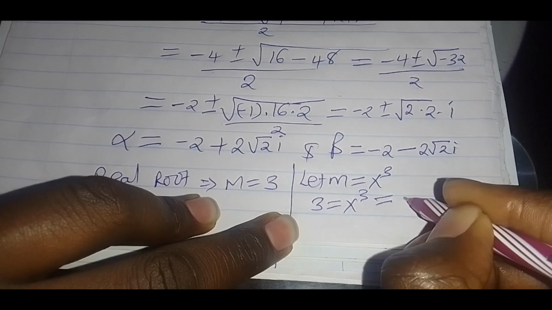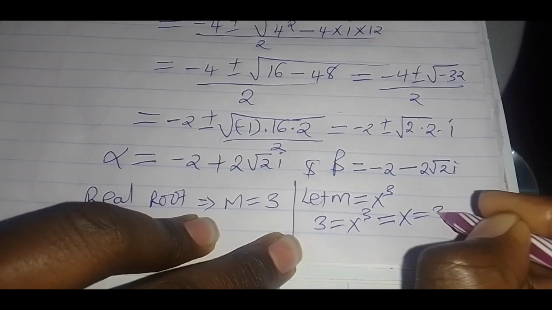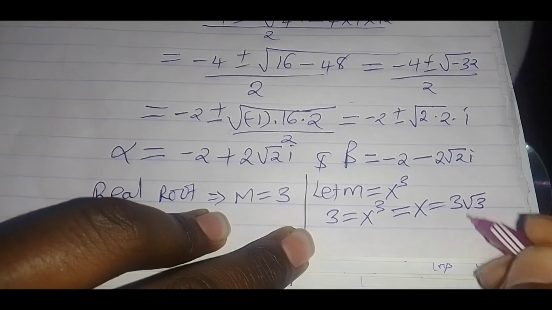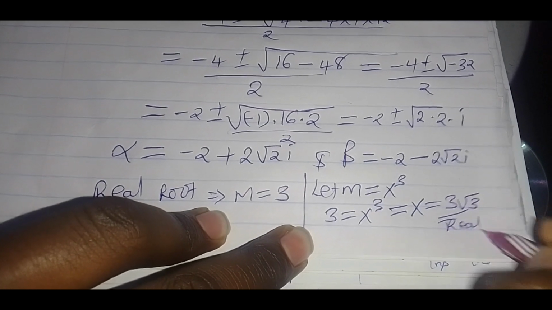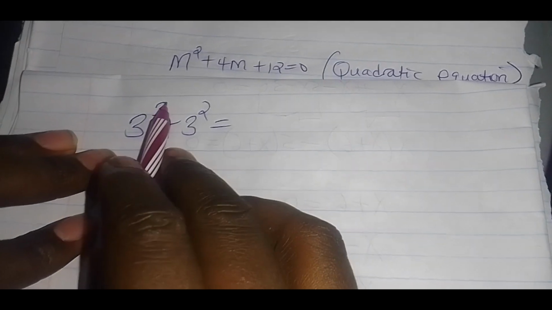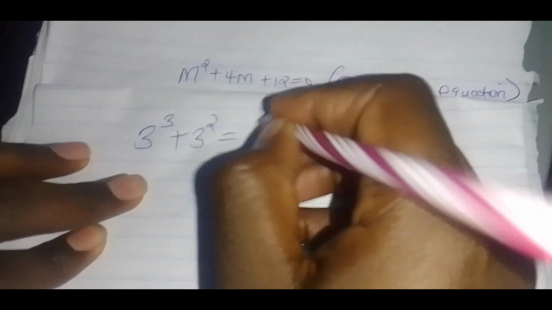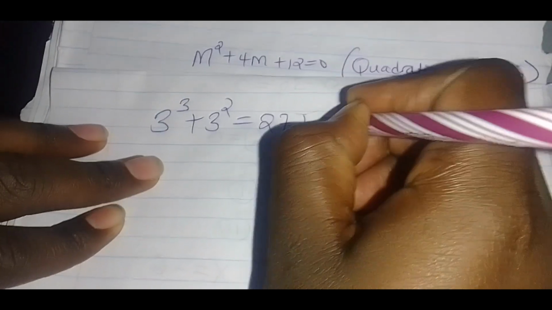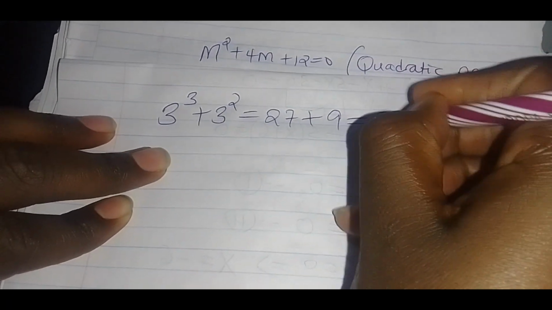That means our x is equal to the cube root of 3. So this is our real root. Therefore, we have 3 cubed plus 3 squared, which is equal to 27 plus 9, and this is exactly equal to 36.